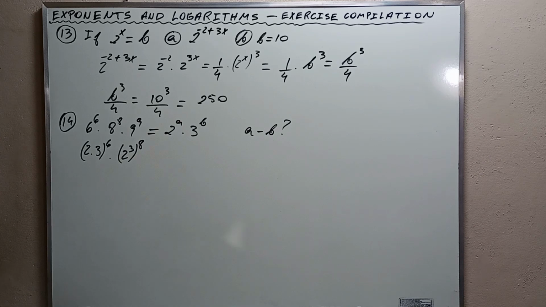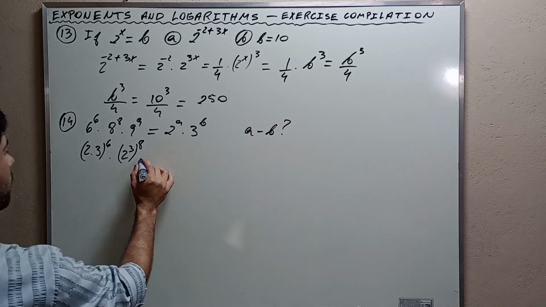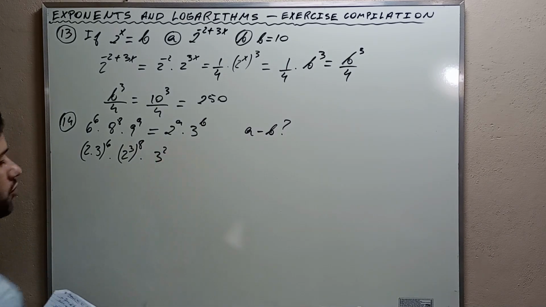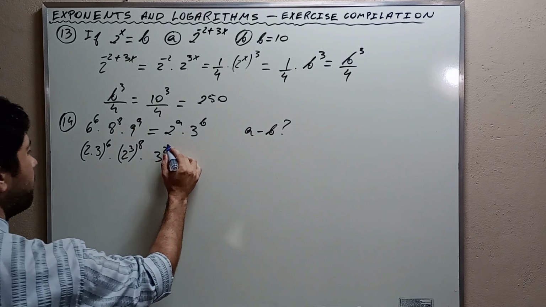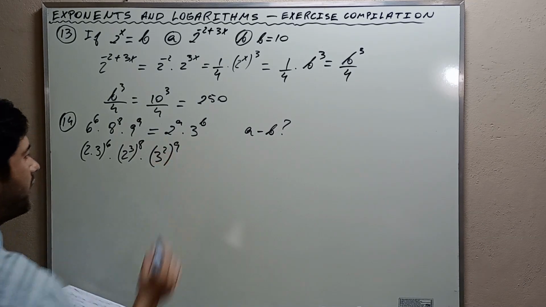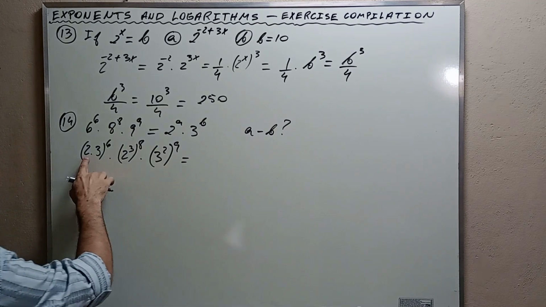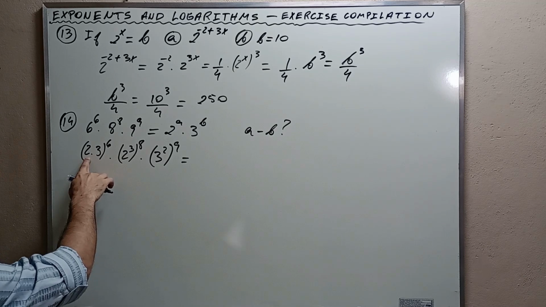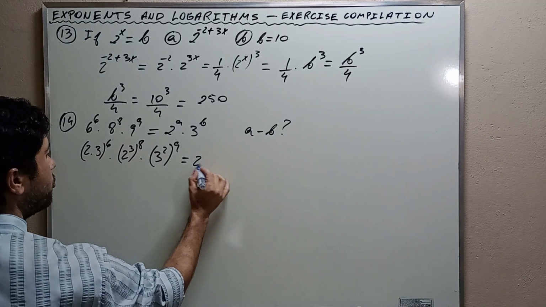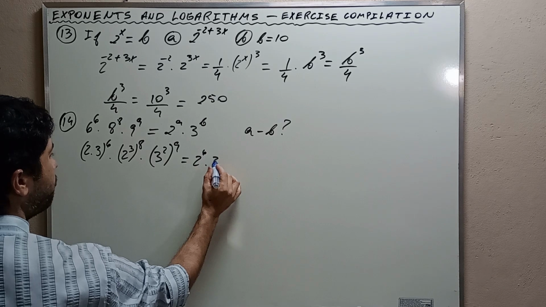And how about 9? 9 is 3 squared. We substitute 9 by 3 squared to the 9th. And then we simply, in this part here, we know that it can be converted to 2 to the 6th times 3 to the 6th.